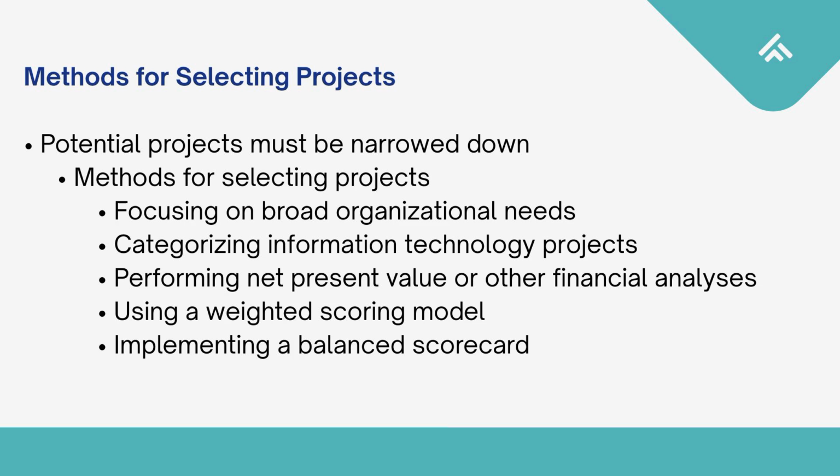It's like focusing on broad organizational needs, categorizing information technology projects, performing net present value or other financial analysis, using a weighted scoring model, and implementing a balanced scorecard. So, in short, these methods help companies narrow down and prioritize projects so they invest resources in the ones that will bring the most value.